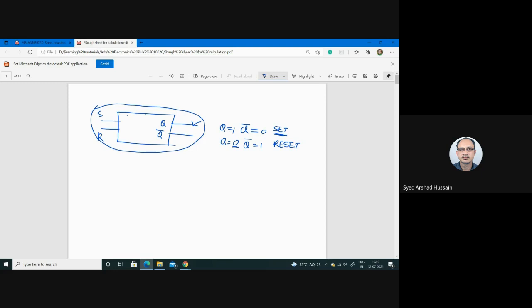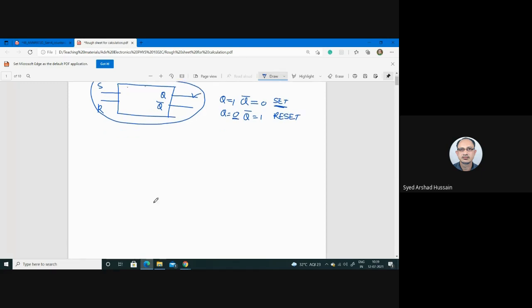We have seen that this kind of circuit can be designed using NAND gates, like this. So this is two NAND gates, and this is your output.